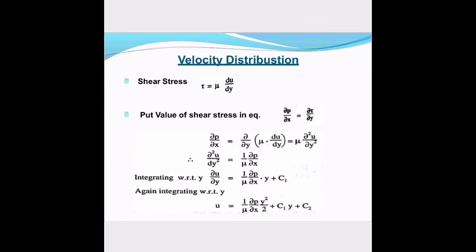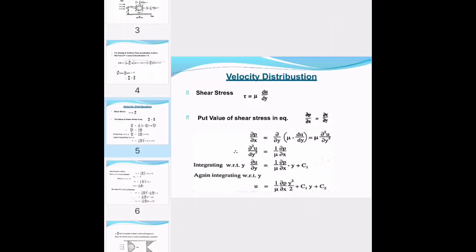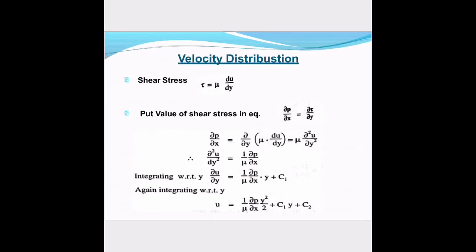Yes, so we will come to velocity distribution. Let's see how we can find the velocity distribution. I think all of you know about Newton's law of viscosity, isn't it? So what does Newton's law of viscosity say?